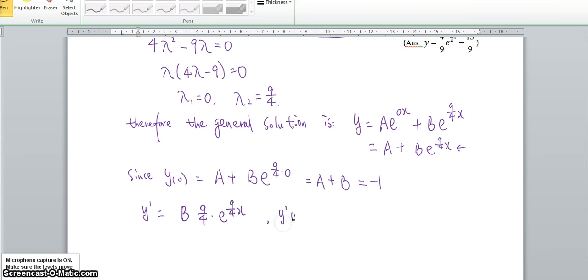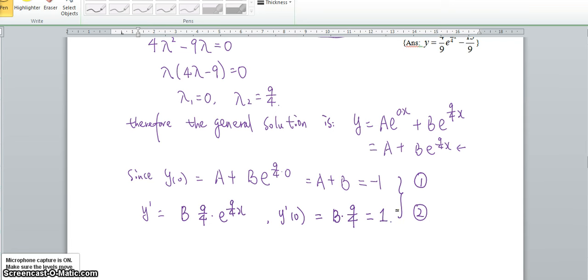So what is y prime of 0? You sub in the value for x equal to 0, I'll get b times 9 over 4, which should be 1, according to the given condition. So now we end up with two equations involving a and b.